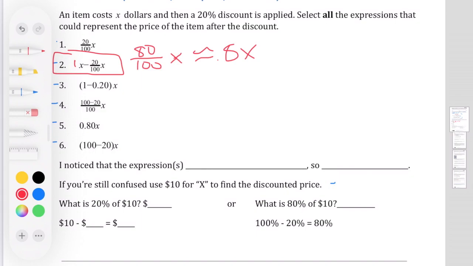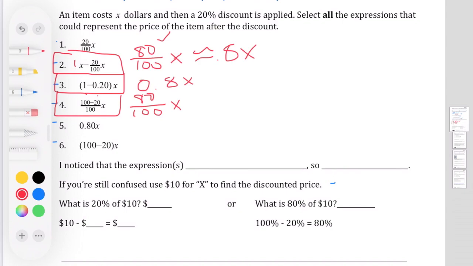Then the next one, number 3, would also work, because 1 minus 0.20 will give us the 0.8X that we're looking for. The 4th expression will also provide that for us, as we have it in fraction form, but the 100 minus the 20 here will give us 80 over 100X, which looks very similar to number 2.